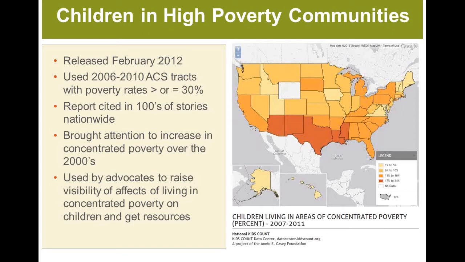The findings from that report were that basically there are around 8 million children living in communities with high poverty rates, and that was a pretty substantial increase since 2000, which was a change from the previous decade, and I think something that hadn't been discussed very widely to that point.